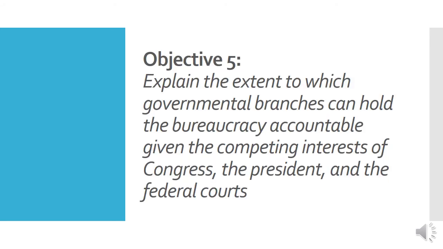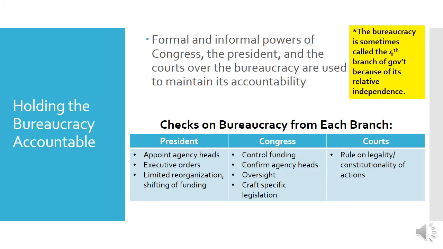Objective 5, explain the extent to which governmental branches can hold the bureaucracy accountable given the competing interests of Congress, the president, and federal courts. So here we're going to be focusing on, again, checks and balances.